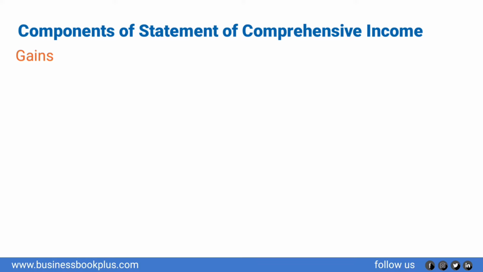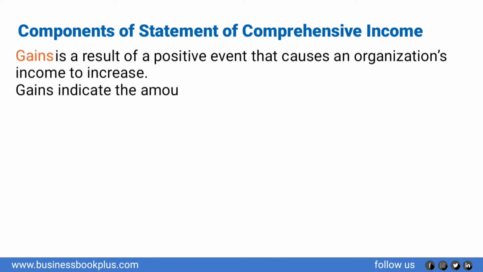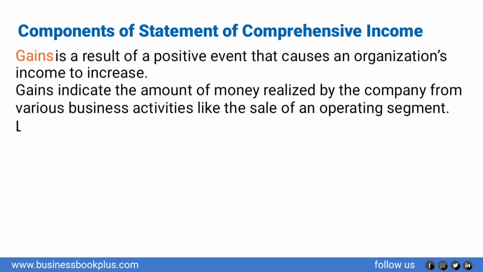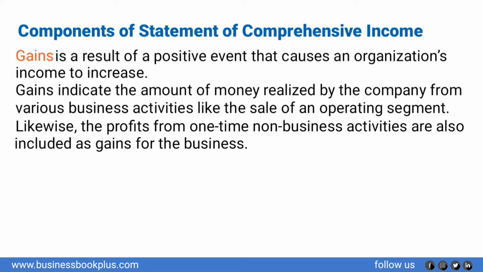Gains. Gain is a result of a positive event that causes an organization's income to increase. Gains indicate the amount of money realized by the company from various business activities like the sale of an operating segment. Likewise, the profit from one-time non-business activities is also included as gains for the business.